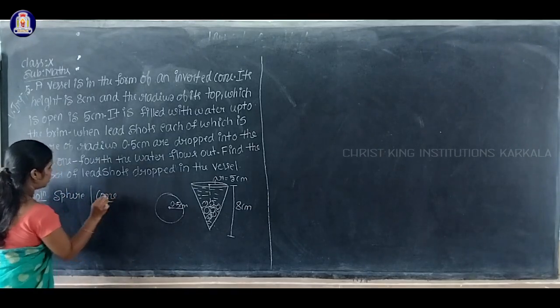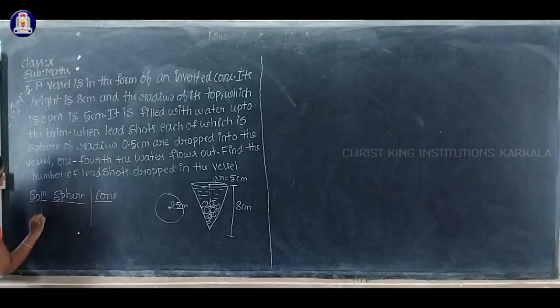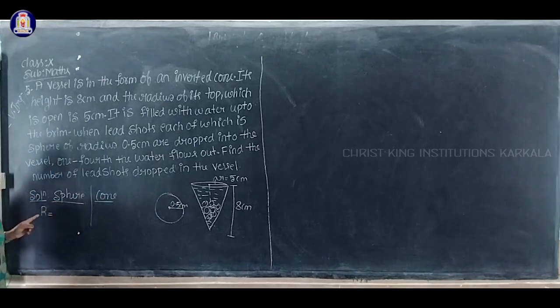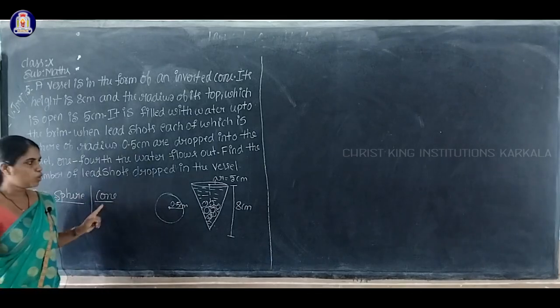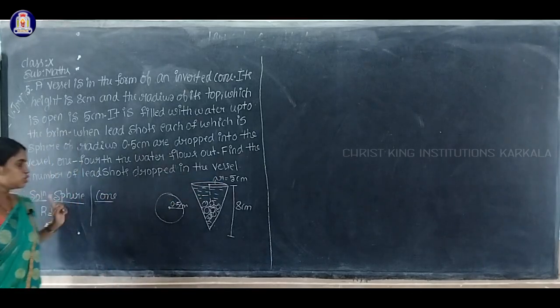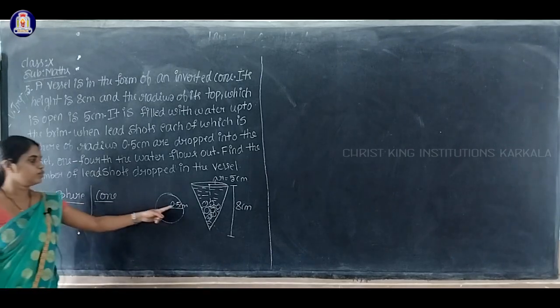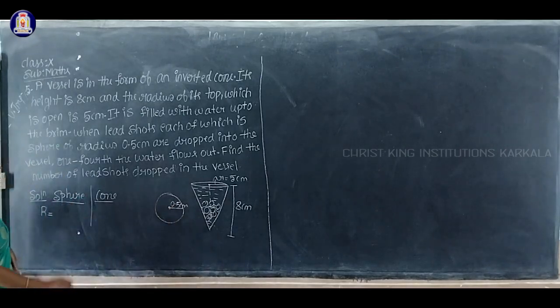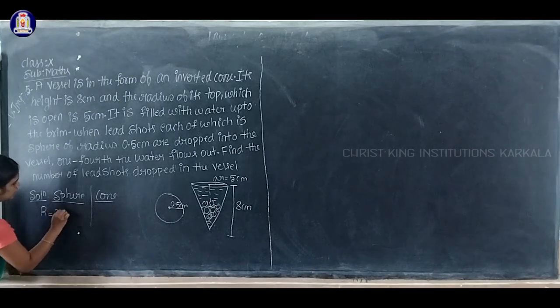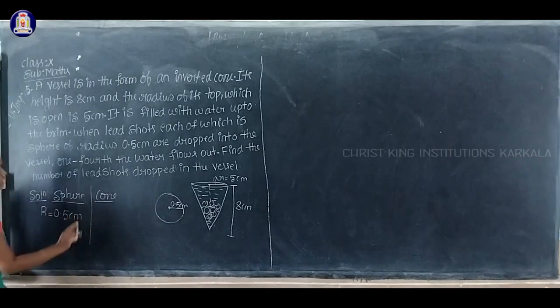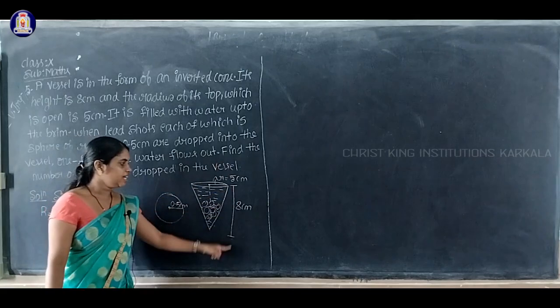For the sphere, radius is given, so I'll consider it as capital letter R, because for the cone also a radius value is given here. So for the sphere, radius value capital R. What is the radius of the sphere? 0.5 centimeter. Next for the cone, what is the height of the cone?